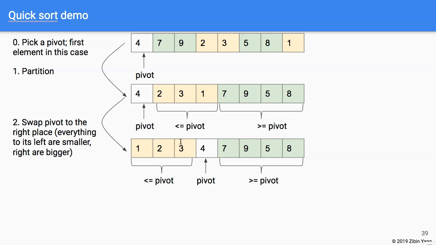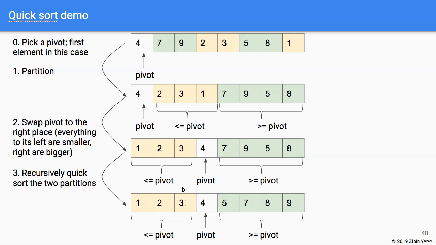So in a sense, the pivot splits the input into a smaller partition and a larger partition. Obviously, if you look inside the individual partitions themselves, they're not necessarily sorted just yet. So the next step is we use quicksort recursively to sort the smaller partition and then the bigger partition. And once they are sorted, the entire list is sorted.